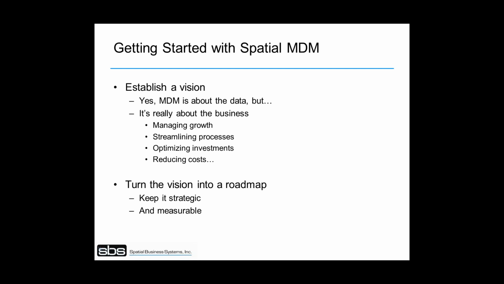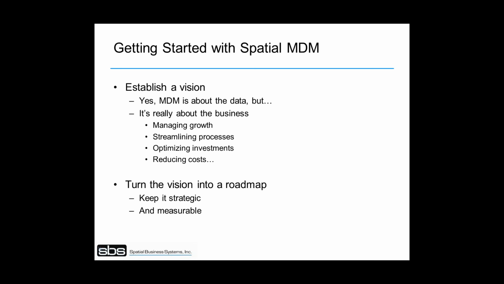But it can be managing growth. It can be streamlining processes and cutting costs. It could be optimizing investment decisions. There are just a number of things that have to be aligned with as you develop your MDM strategy. And then ultimately you want to turn that vision into a roadmap at a strategic level.